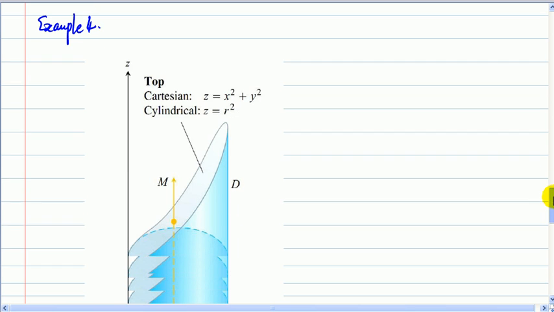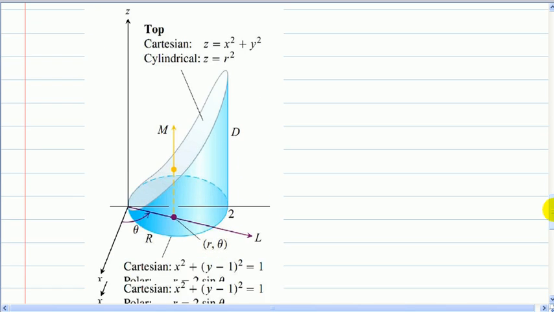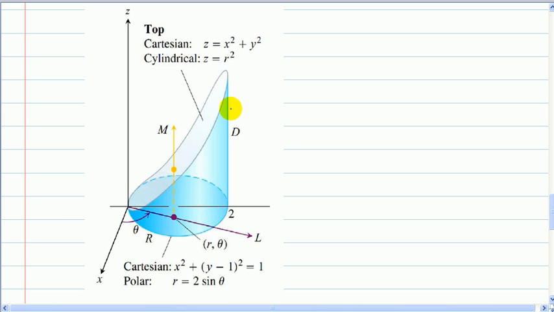Region D is bounded by a cylinder and a top surface. This top surface is the surface z equal to x squared plus y squared, intersected with the cylinder.